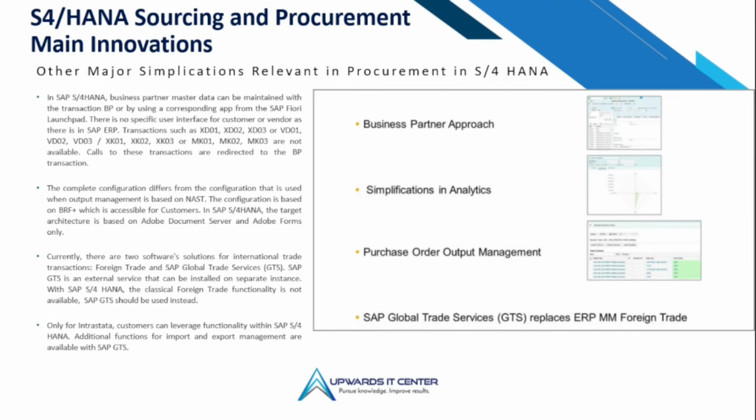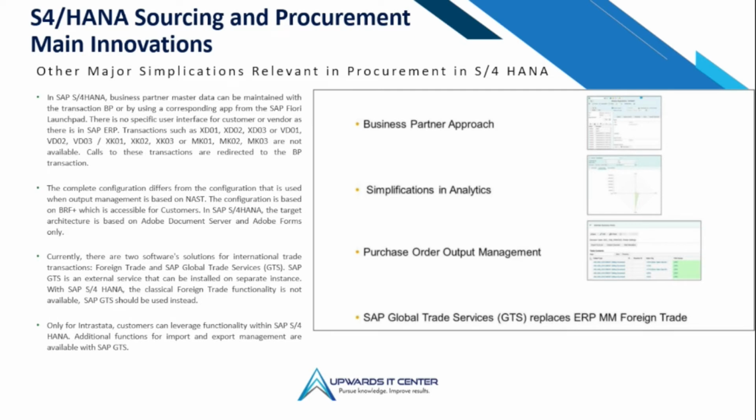Also, there are simplifications in analytics. Now we have embedded analytics, which are basically reports that you can use inside your current transactions to analyze your purchasing data, performance, vendors, all this stuff. So there are a lot of reports and KPIs, like I said. Also, there is another change for purchase order output management.